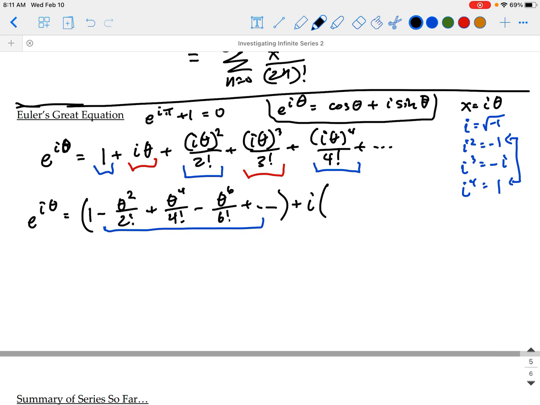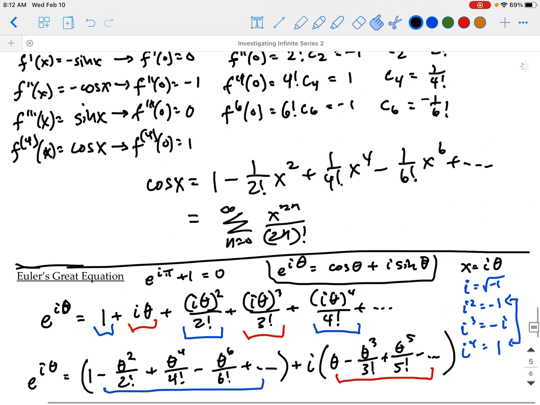So note this is being built from all of the blue terms. And then the next part is going to look like, well, theta minus theta cubed over 3 factorial plus theta to the 5th over 5 factorial. All of those odd terms. But if we look at those odd terms, it turns out that all we've done is replace all of these values with thetas.